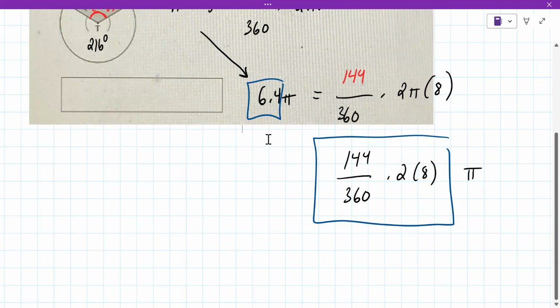So you're going to the calculator. I already got it open. All right, 144 divided by 360 times 16 is, yep, 6.4.